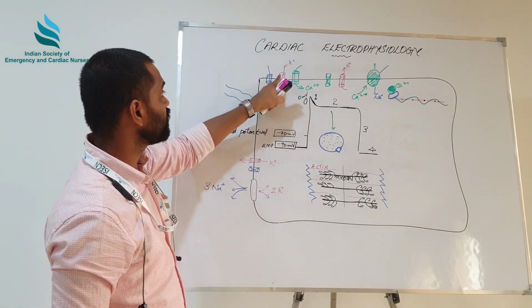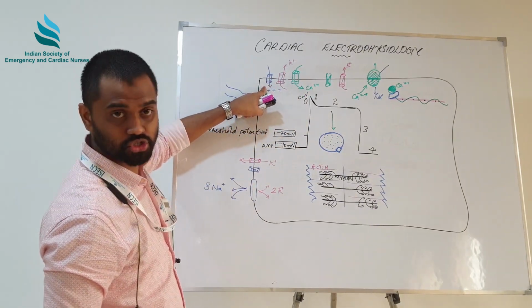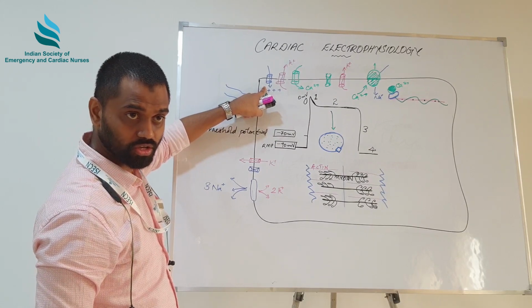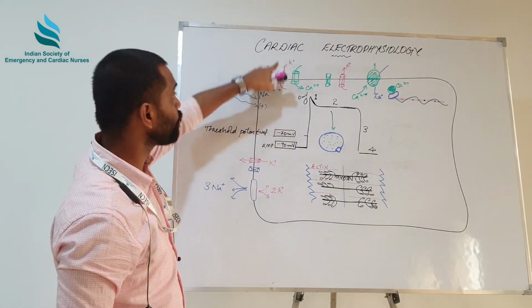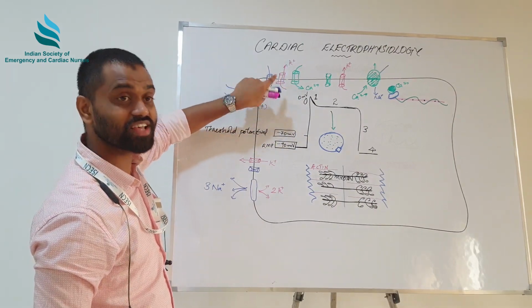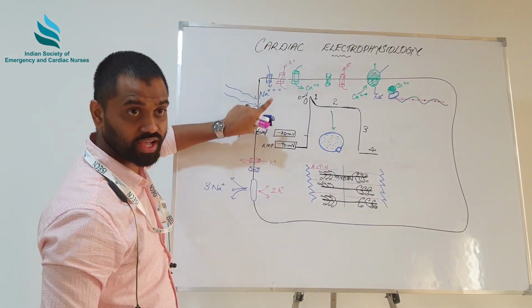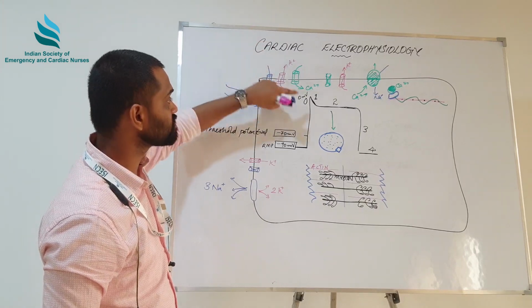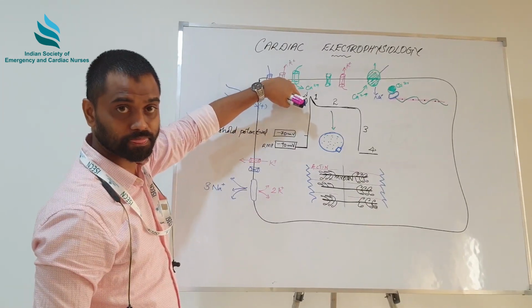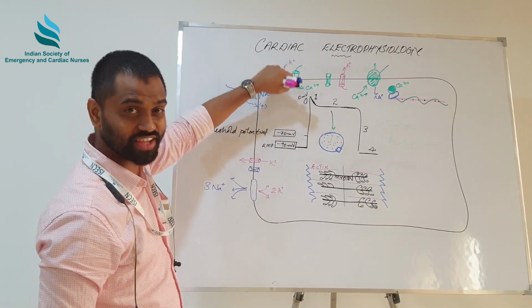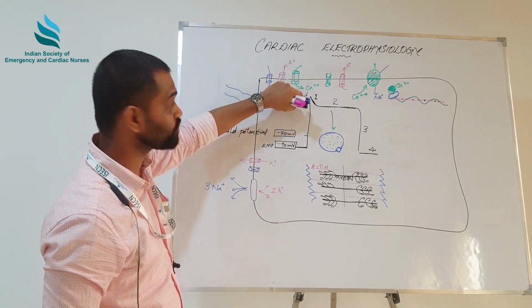Then immediately the sodium channels close so that there is no more cation gain, and at the same time the potassium channels open, so there is cation loss. No more cation gain, but there is cation loss, which means there is a slight dip in the voltage, but that is for a very brief duration.